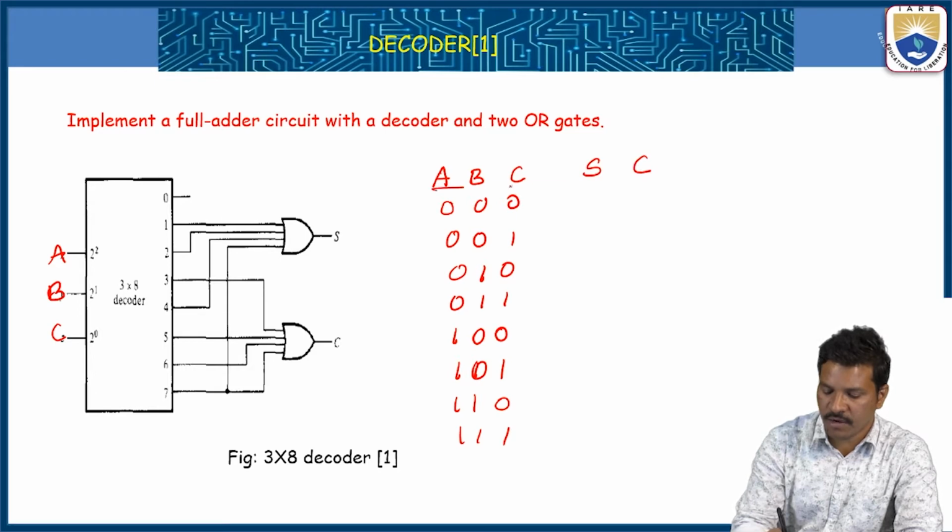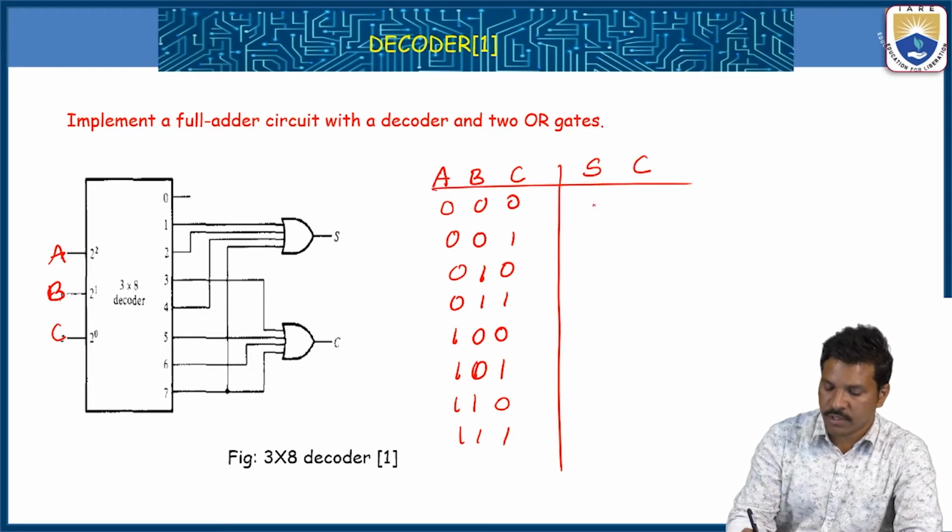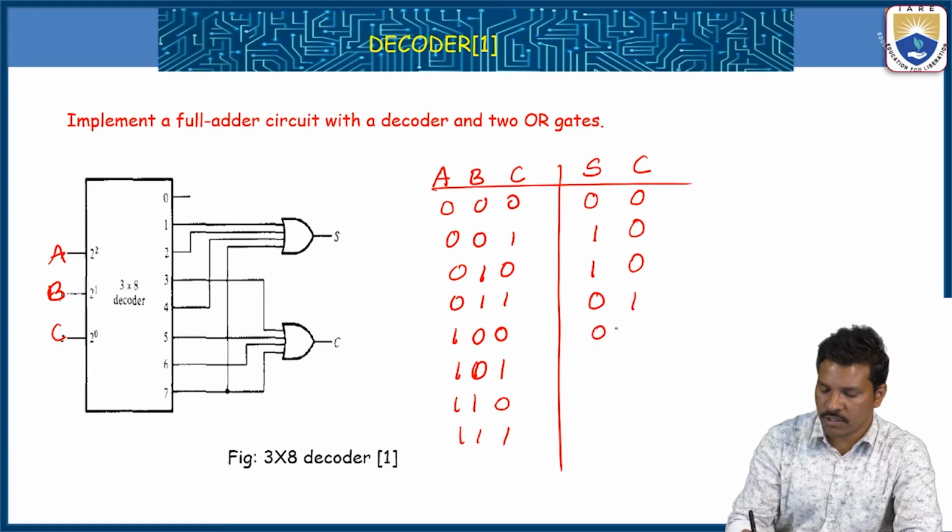Sum and carry are the outputs. Sum 0, carry 0; sum 1, carry 0; sum 1, carry 0; sum 0, carry 1; and so on.